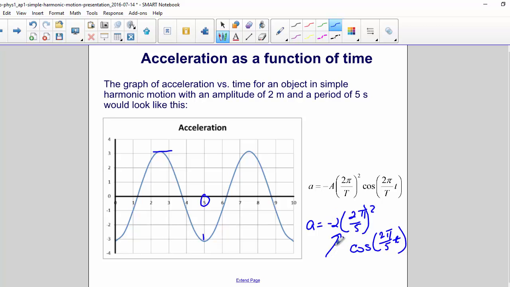Now this part right here would be negative 8 times pi squared over 25, and that is about equal to 3.16. And so you can see on the graph that the maximum acceleration is about 3.16 meters per second squared.